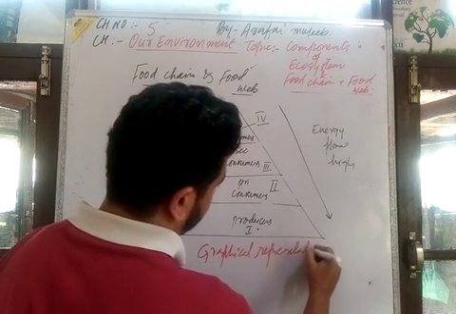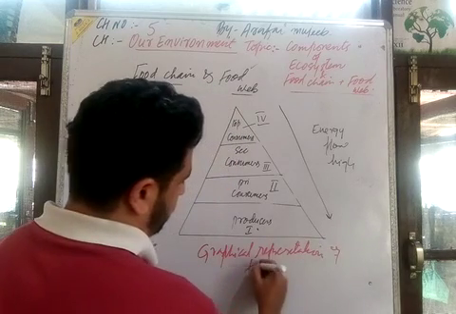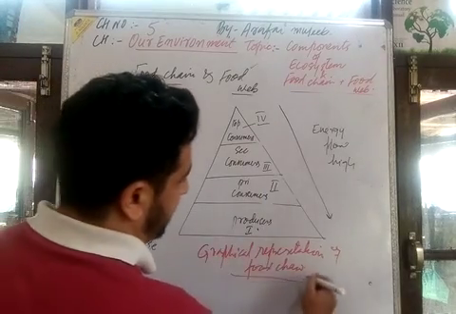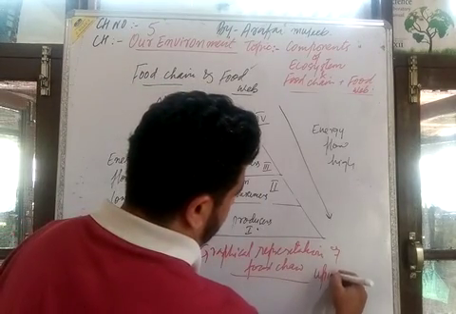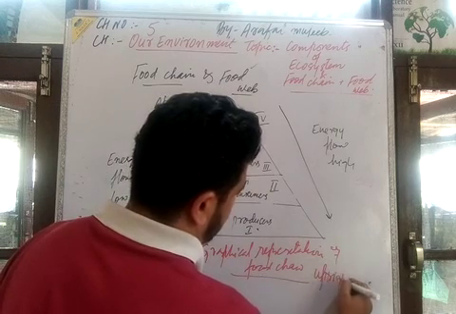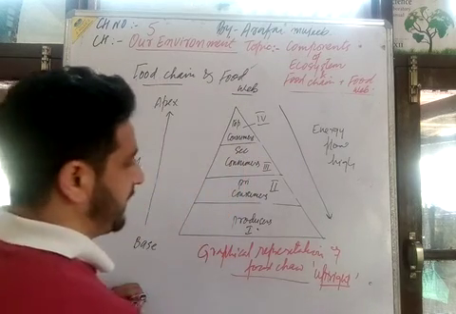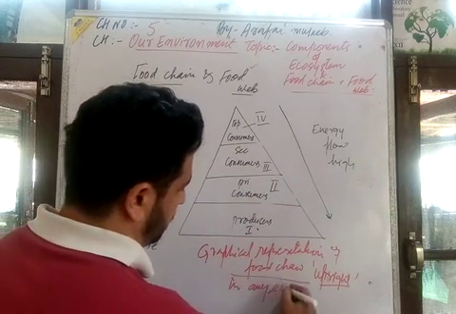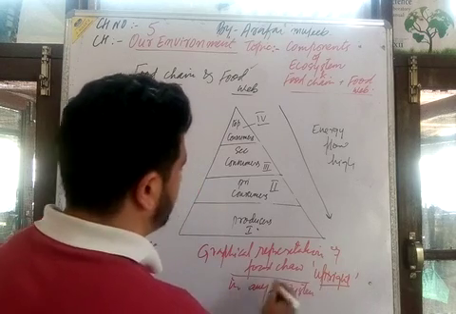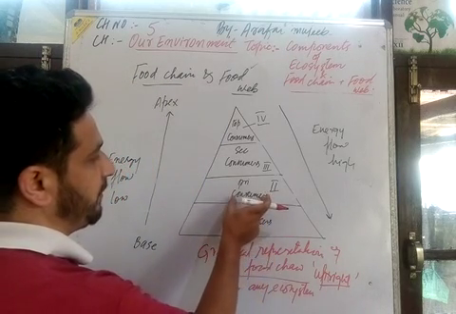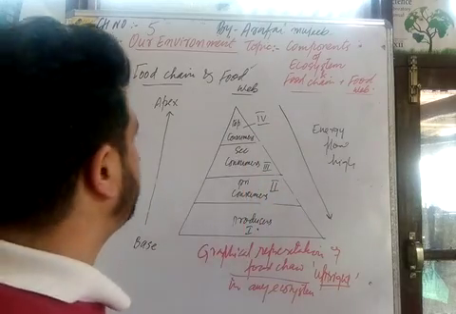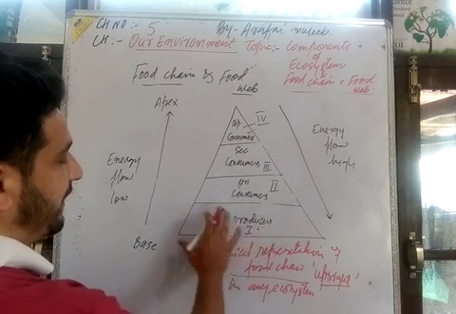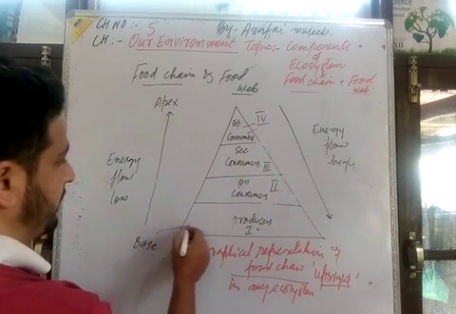This is a graphical representation of a food chain. In any ecosystem, there is always an upright food chain. Dear students, this is the producers, this is the primary consumers. In the form of a pyramid, there is an apex, and at the apex are the top consumers, and at the base are always the producers.